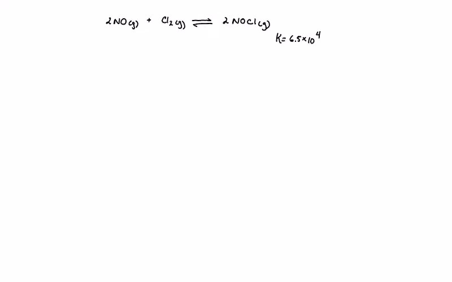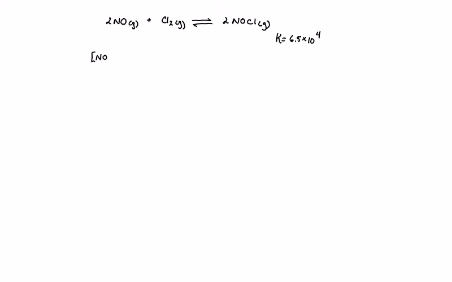All right, so an example of a problem that would use this technique would be if we were looking at a reaction that is an equilibrium process, where we know the equilibrium constant. In this case, it's 6.5 times 10 to the fourth. And let's say that we are given the concentrations of all the reactants and the products.